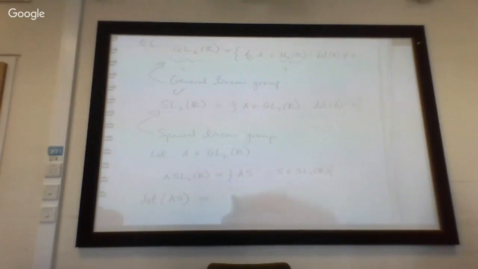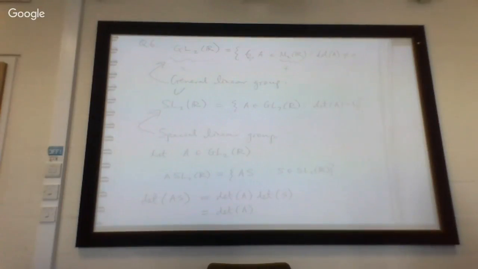Quite an important property: the determinant of a product is the product of the determinants. The determinant is multiplicative. So this has the same determinant as A, because the determinant of S is 1.